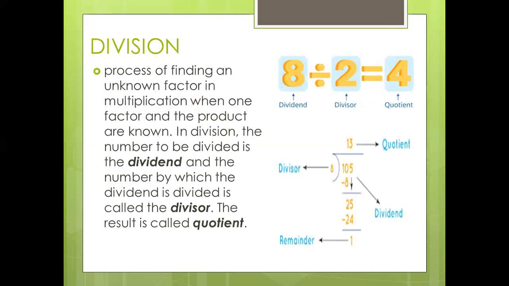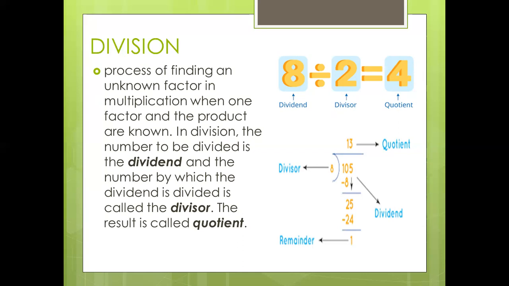Our last fundamental operation is division. The process of division is finding an unknown factor in multiplication when one factor and the product are known. In division, the number to be divided is the dividend, and the number by which the dividend is divided is called the divisor. The result is called the quotient.